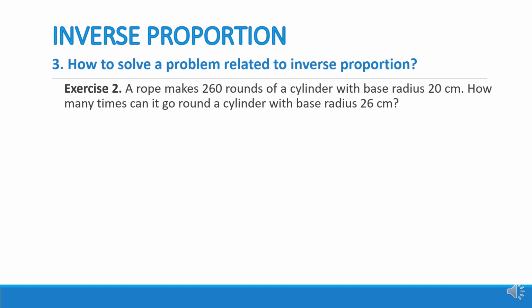Exercise 2. A rope makes 260 rounds of a cylinder with base radius 20 centimeters. How many times can it go round a cylinder with base radius 26 centimeters?